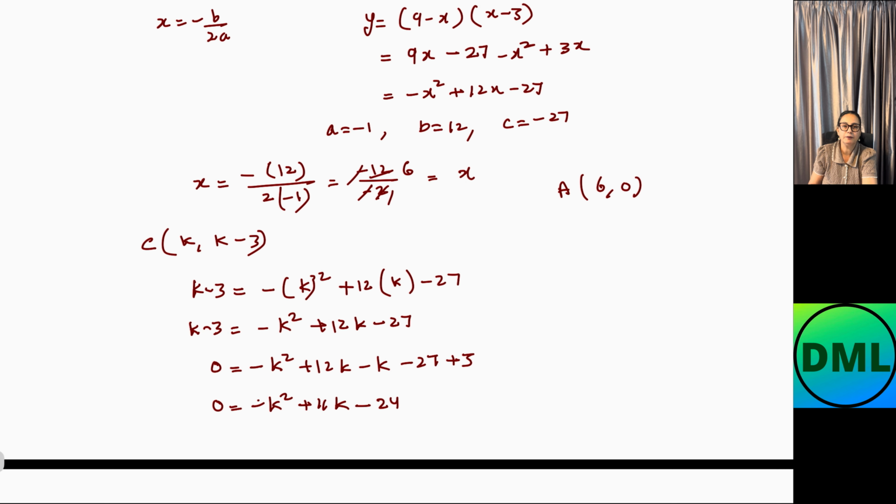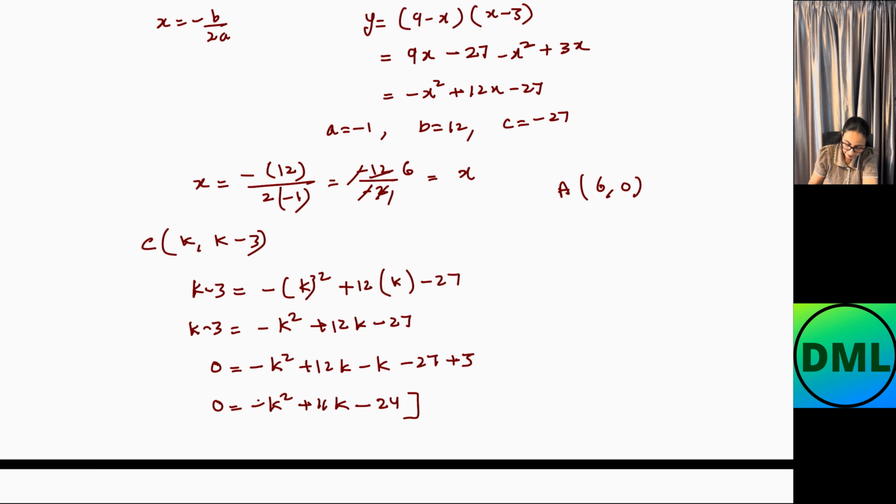I need to multiply this complete equation by a negative sign as the coefficient of x squared is negative. We are able to solve the quadratic equation only when the coefficient of x squared is positive. So I need to make the coefficient of x squared positive. In this case, to make the coefficient of k squared positive, I need to multiply the complete equation by a negative sign.